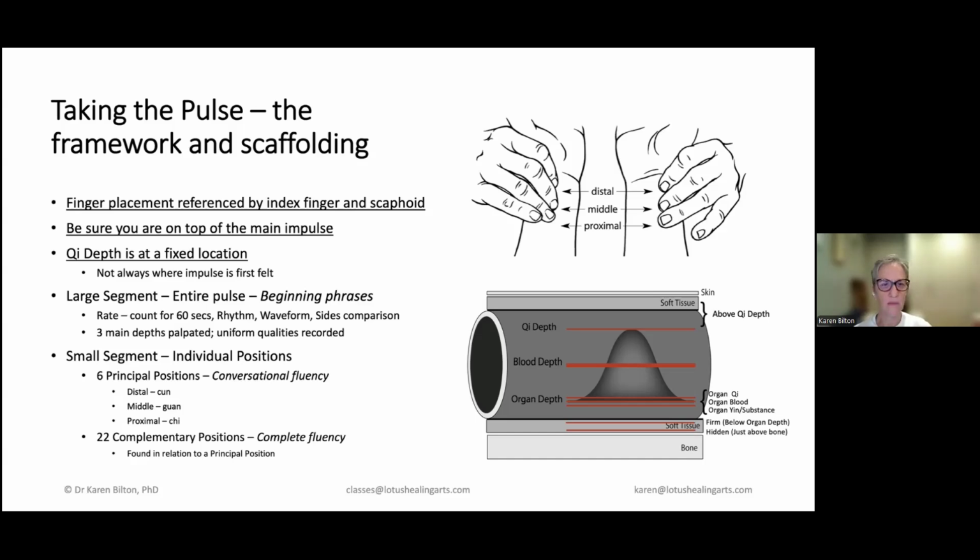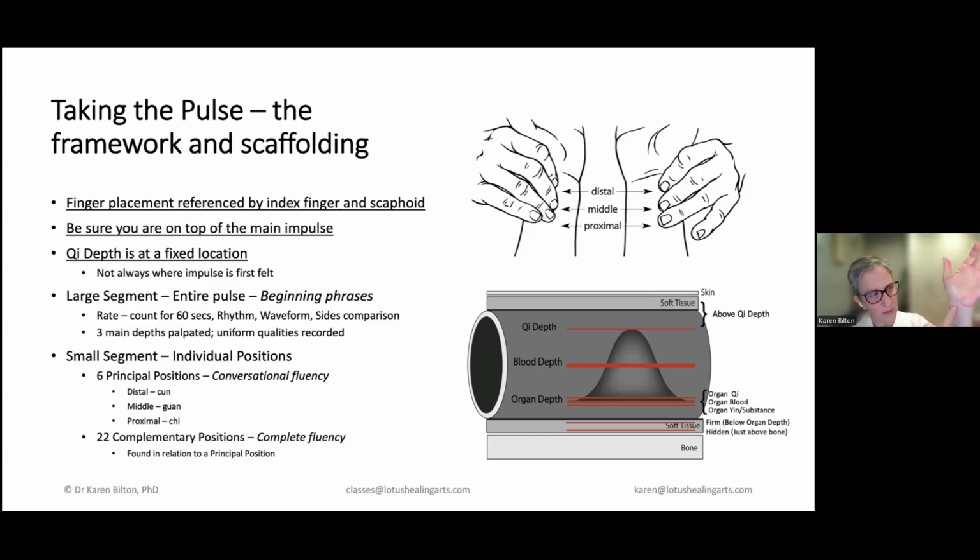Now, the other important thing is you must be on top of the main impulse when you're feeling a pulse. So you've got to have a feel around and feel for the trajectory, because some pulses start laterally and come right medially, under the tendon. Others do the converse. They can start more medially and come more laterally. Others can run straight up the middle.